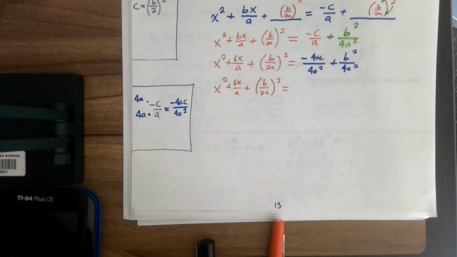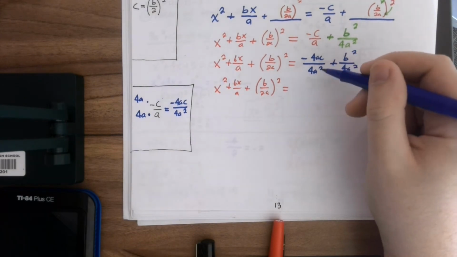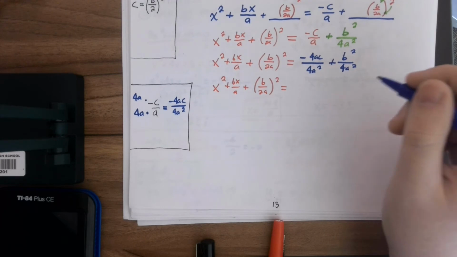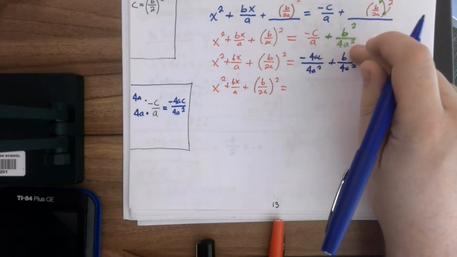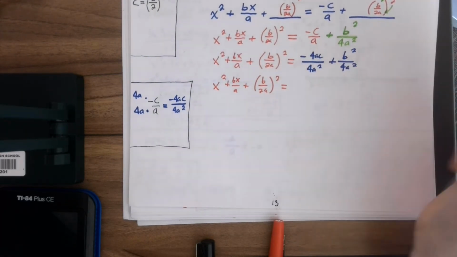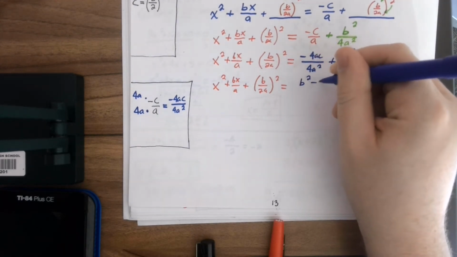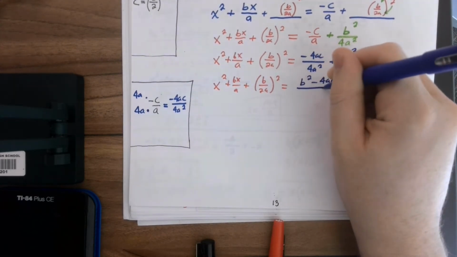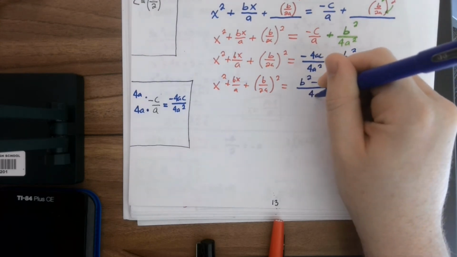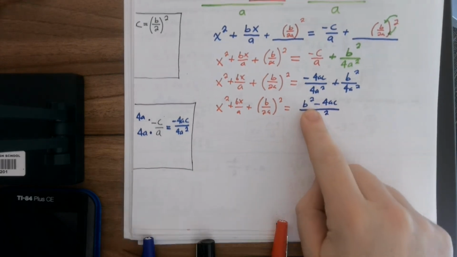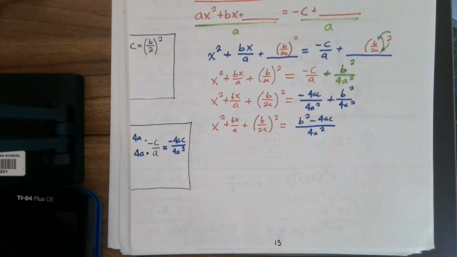We get b squared minus 4ac over 4a squared. You could write it the other way around, but it's nicer to see it where it's b squared minus this instead of negative this plus b squared. So we get b squared minus 4ac all over 4a squared. And this part looks a lot like the quadratic formula, right? There's our b squared minus 4ac. It's a very important thing, as we'll learn, with the quadratic formula.